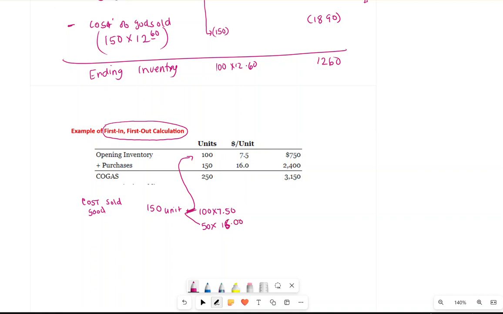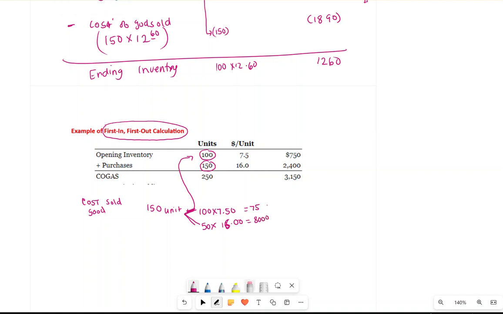So we sold 100 units at $7.50, then we sold 50 units at $16. That makes up the 150. This is my first inventory, it will be sold first. Out of my second inventory, we only sold 50 units. So altogether, this gives me $750, and this gives me $800.